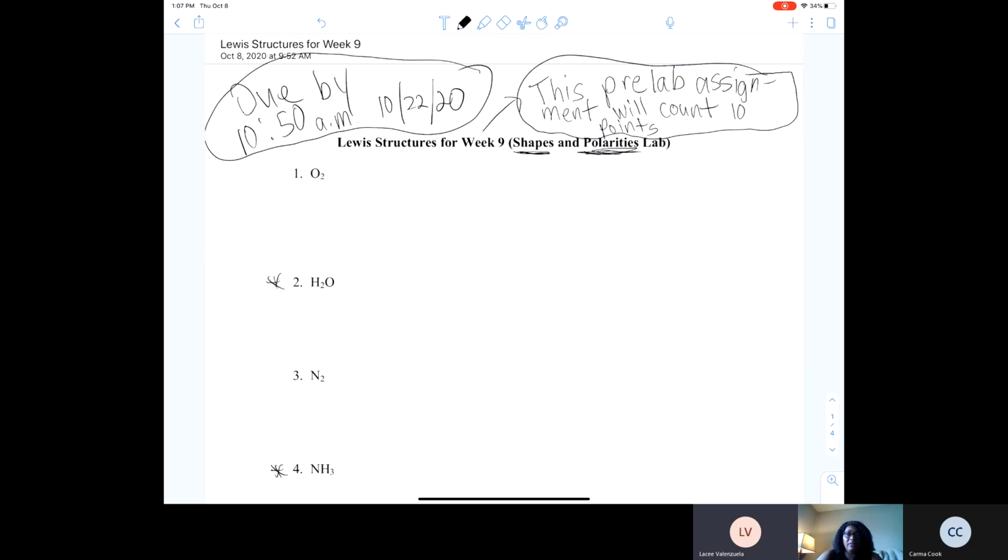Let's see. You can always email me at my karma.cook@chattanoogastate.edu email as well. I have that email on my phone, so I'll always be able to access email through my chattanoogastate.edu email address.